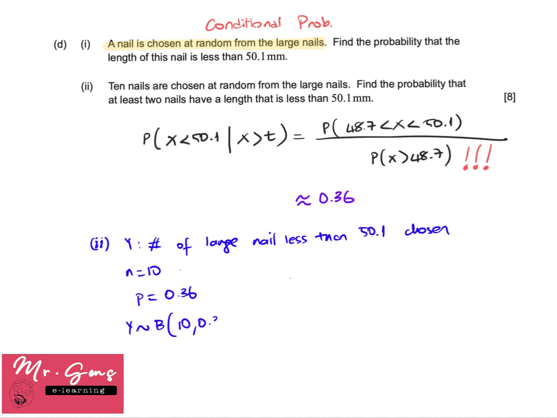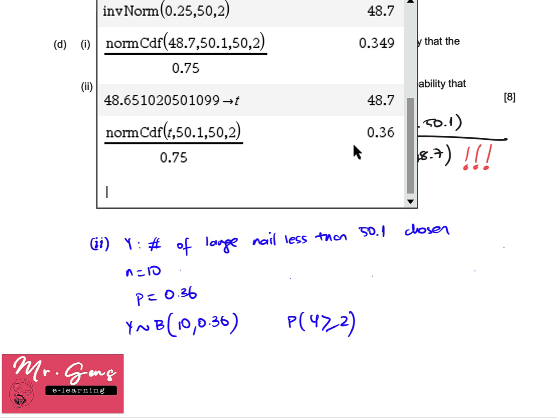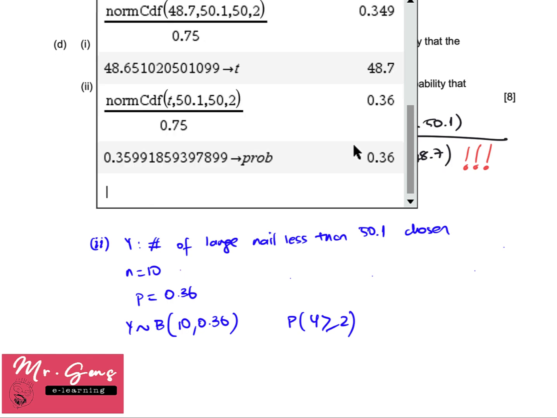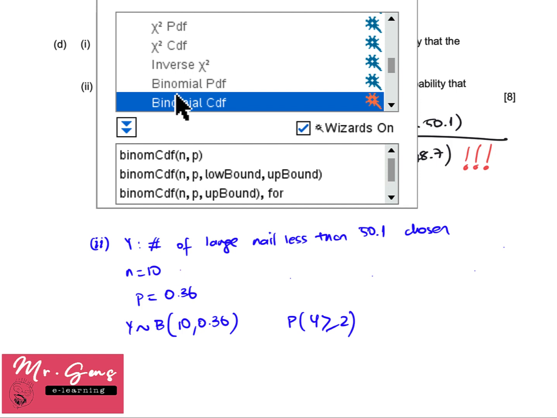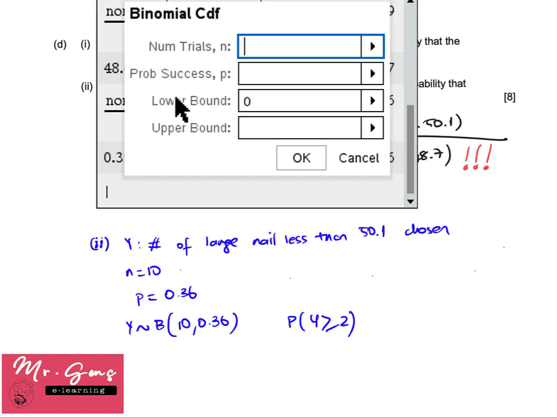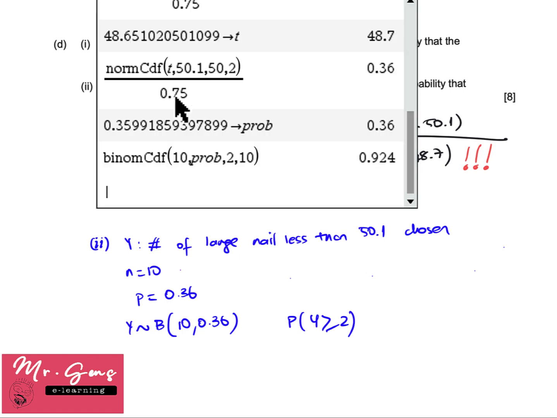I wrote all the information, and the probability of having a large nail less than 50.1 is the previous answer, 0.36. As I recommended before, I save it as a variable, and in my calculation I'll be using that probability. 0.924 is our final answer.